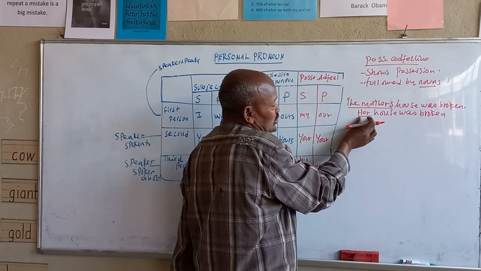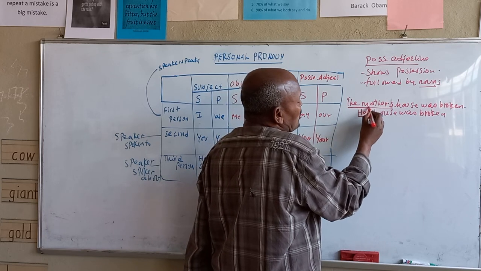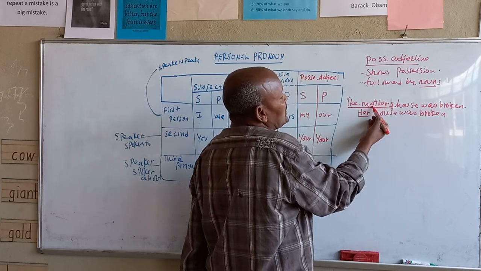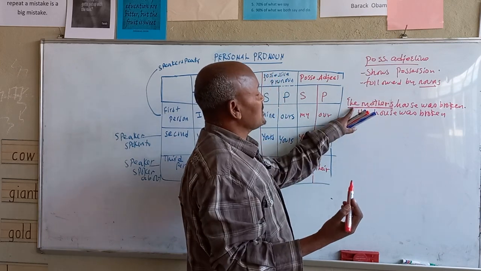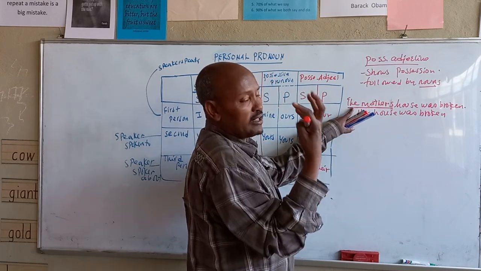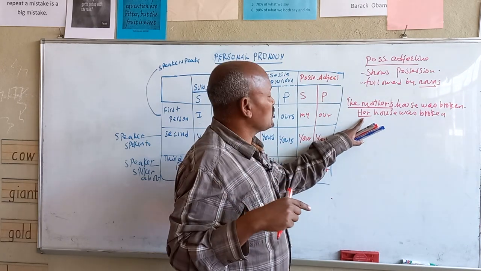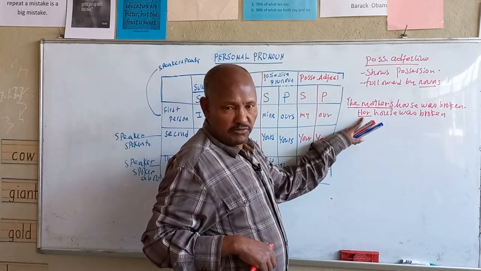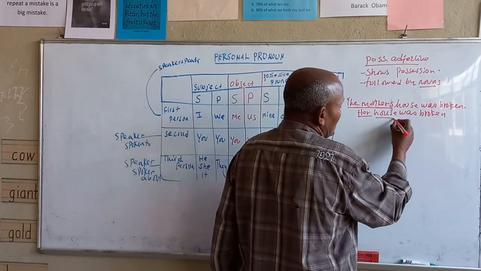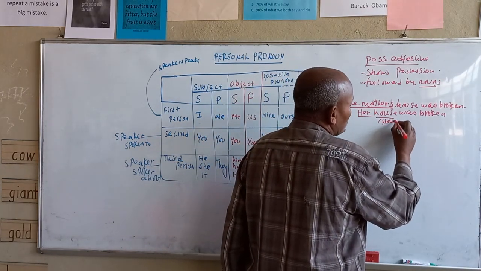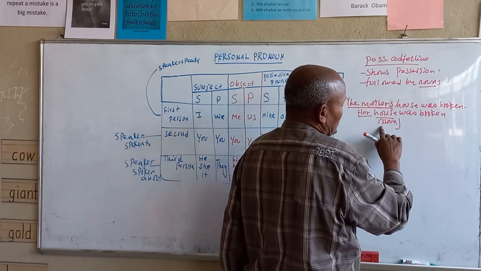This possessive adjective substitutes for the singular possession, the mother's. They have the same meaning, but the difference is that the noun specifies the person, while the adjective doesn't specify the person. So this is a possessive adjective. Look here: her house. What does house mean? It is a noun. So as I explained before, it is followed by nouns.